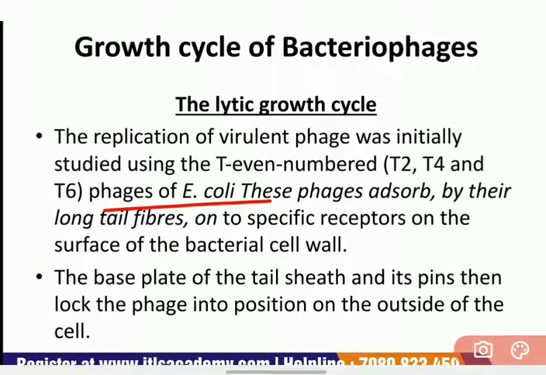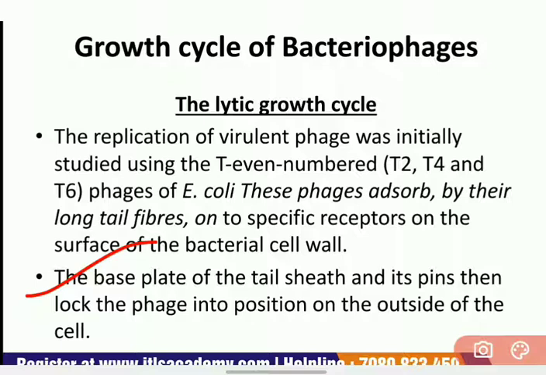These phages adsorb by their long tail fibers onto specific receptors on the surface of the bacterial cell wall. The base plate of the tail sheath and its pins then lock the phage into position on the outside of the cell.